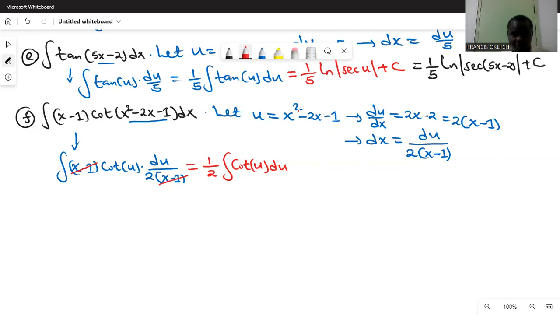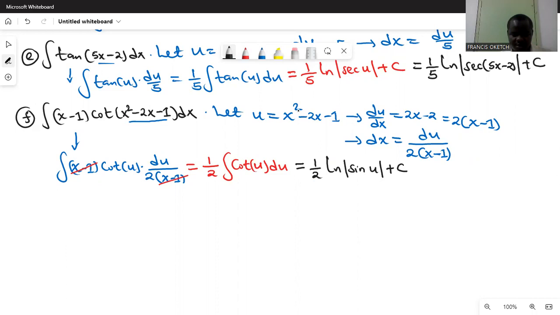We already derived that in the previous class. So this will now give us 1 over 2 ln of sine u plus a constant c.